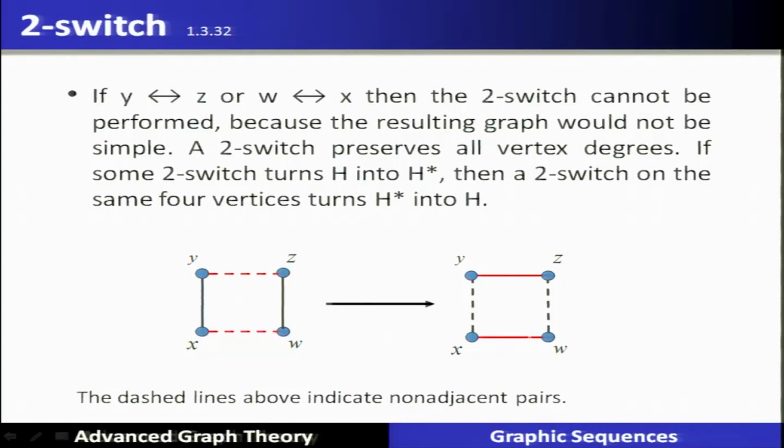Now, if y and z are adjacent, or w and x are adjacent, then the 2 switch cannot be performed, because the resulting graph would not be simple. The 2 switch preserves all the vertex degrees. If some 2 switch turns H to H star, then a 2 switch on the same 4 vertices turns H star into H. The dashed lines above indicate non-adjacent pairs.